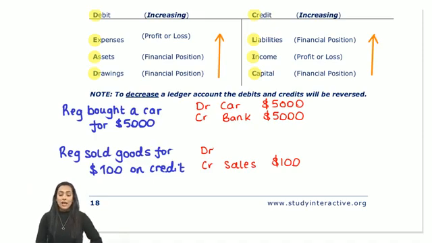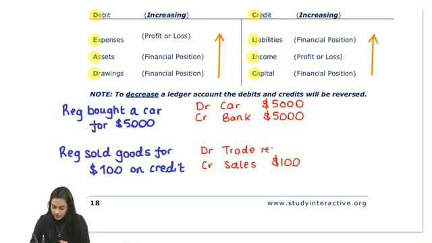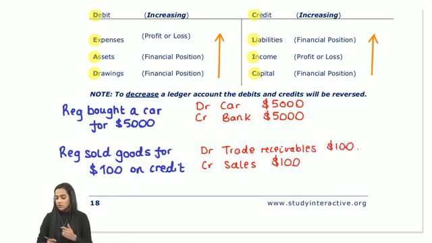And money owed by customers is known as trade receivables. And we've seen that trade receivables is an asset. So your asset has just gone up. And to increase assets according to Dead Click, you debit the asset account. So debit trade receivables $100.